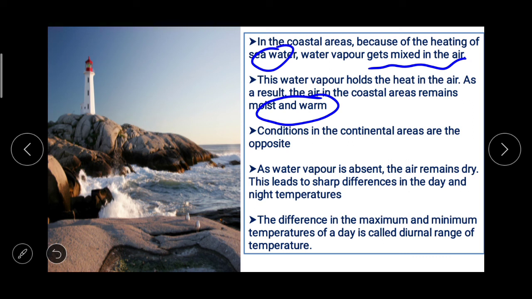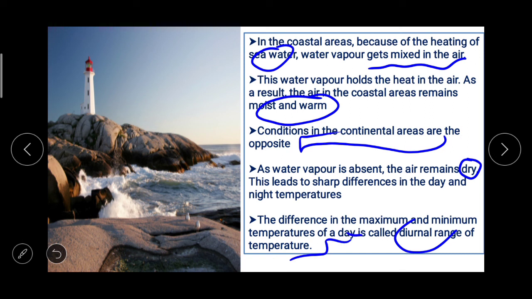So conditions in the continental areas are the opposite. As water vapor is absent, the air remains dry, and this leads to sharp differences in the day and night temperatures. So the difference in the maximum and minimum temperatures of a day is called the diurnal range of temperature.